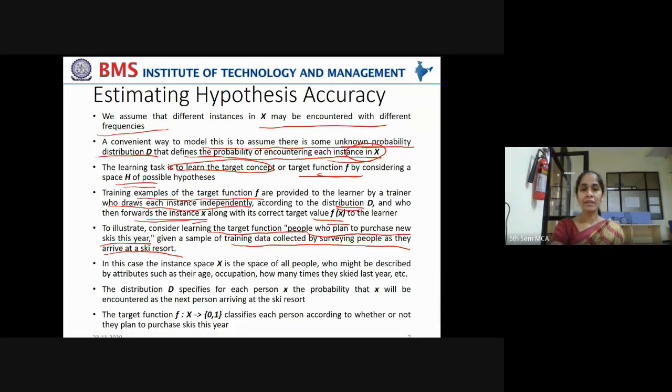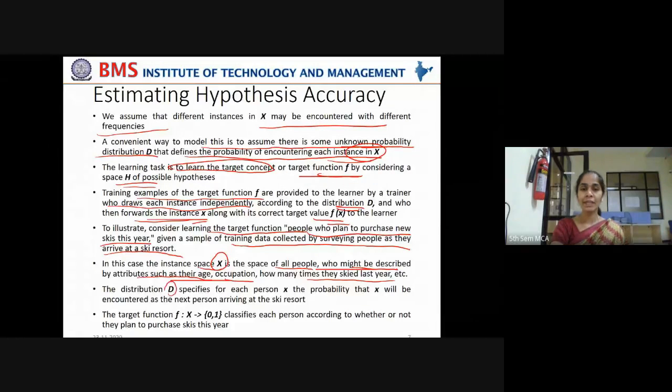In this case, the instance space X, that is the set of training examples, is the space of all people who might be described by attributes such as their age. What would be the attributes? Age, their occupation, how many times they skied last year.